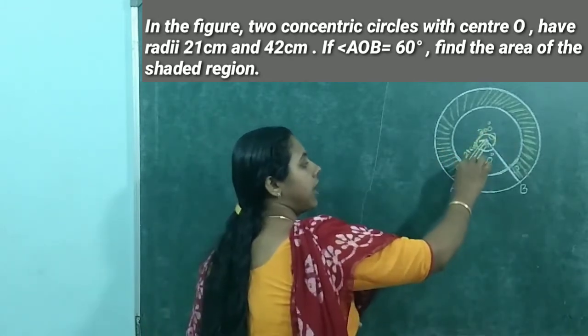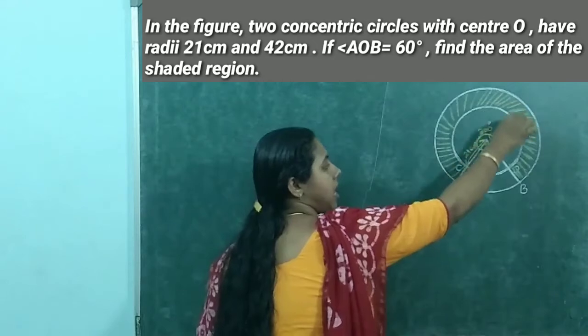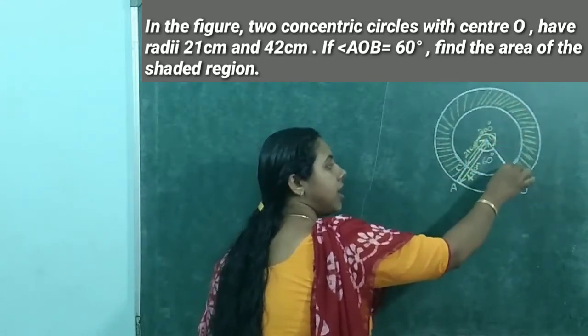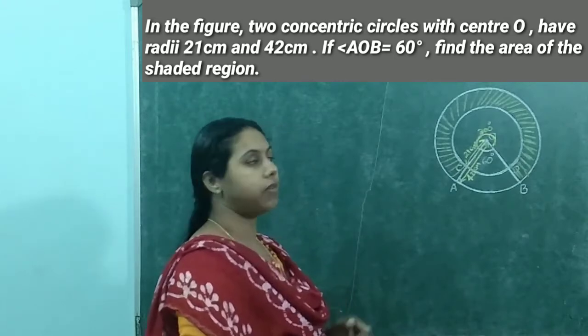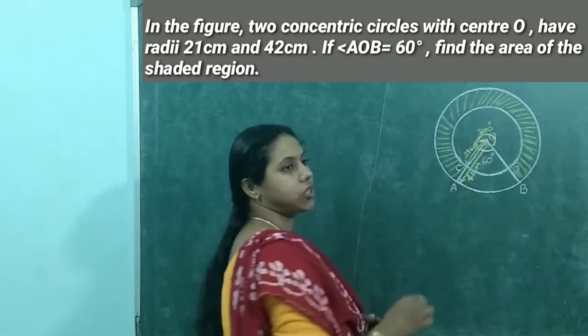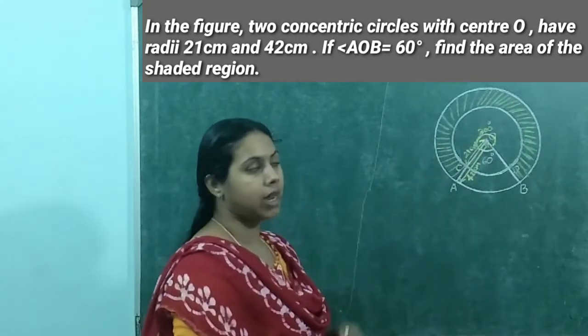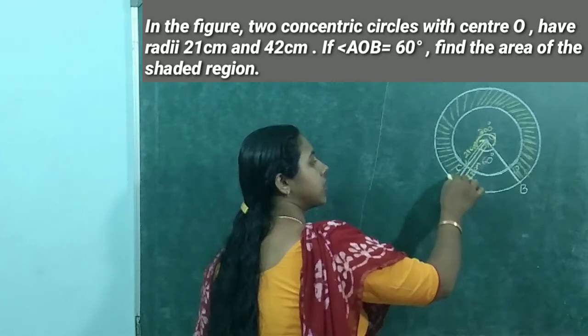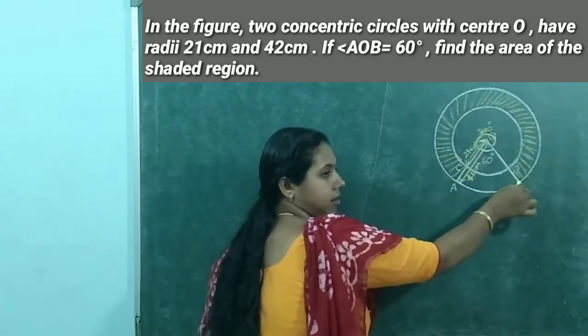So we will get the area of this major sector because we know the center angle and the radius. So we will get the area of the major sector of the first circle. And the same way you can find the area of the major sector of the second circle.